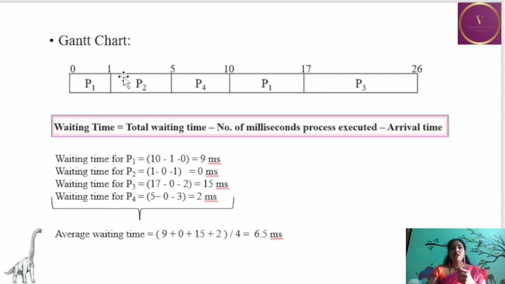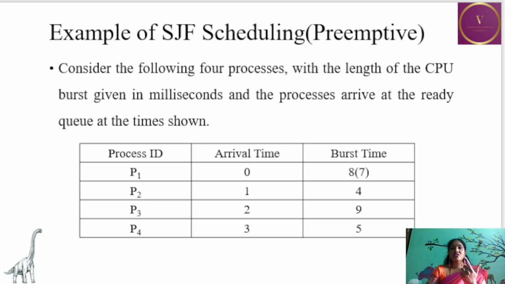So after P2 gets the CPU at the first millisecond, it will use the CPU for 4 milliseconds and complete, and after 5 milliseconds you have to decide which is the smallest.